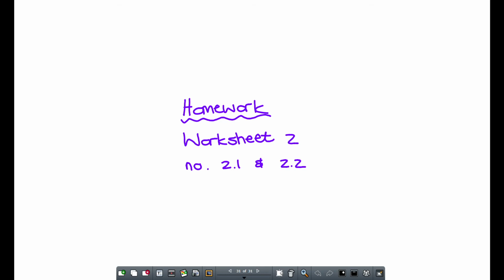Right? So 2.1 says drawing of the graph, double intercept method. Okay, so A was y is equal to 2x plus 4. Right, let's get the x-intercept, which means that I'm going to make y equal to 0.